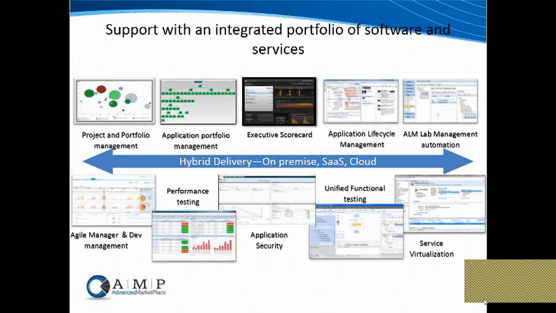But when we look at ALM in general and break that box down a little more, there is a lot of products that make up that ALM suite. Everywhere from project portfolio management through application lifecycle management. I talked a little bit about an executive scorecard. We have the capabilities for automated lab management. All the different testing suites that are still part of the product set, from development management to performance testing, application security testing, and unified functional testing.